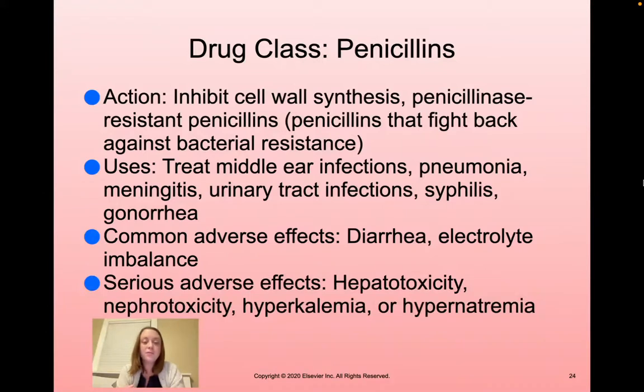They can be used to treat middle ear infections, pneumonia, meningitis, urinary tract infections, syphilis, and gonorrhea. Some of the common adverse effects include diarrhea and electrolyte imbalance, but they can also have some of the serious adverse effects: hepatotoxicity, nephrotoxicity. They can also cause hyperkalemia or hypernatremia.